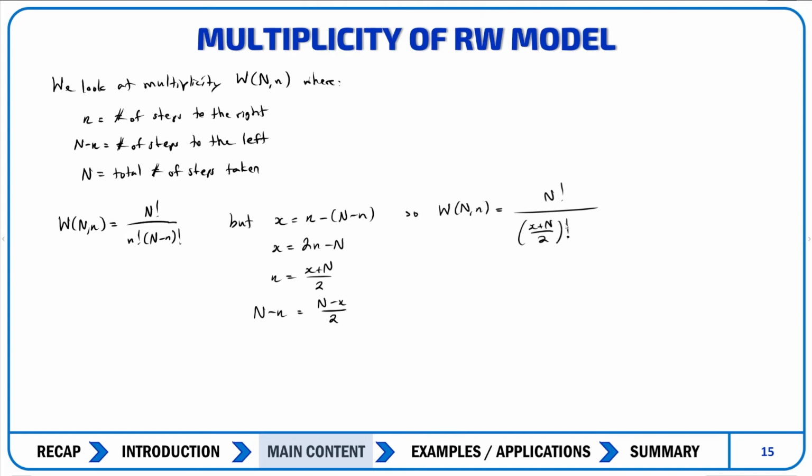And we have capital N minus n being equal to (N minus x) over 2 factorial. So this is just another way of representing the multiplicity of the random walk model. So I'll highlight this version. This is the important one to remember.